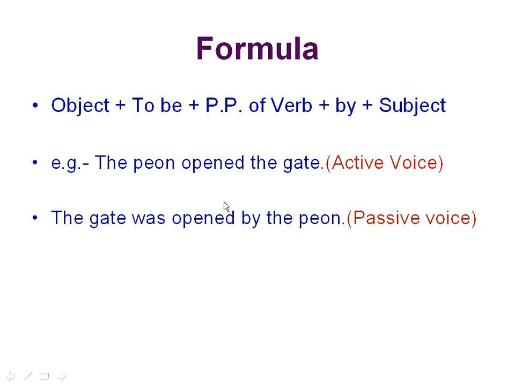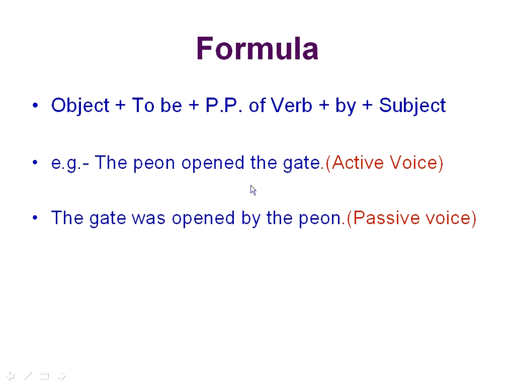We change it into passive voice by using this formula. Means we take the object of the first sentence, the gate, as the subject. Then we use the to be form for this subject according to the tense of the sentence.